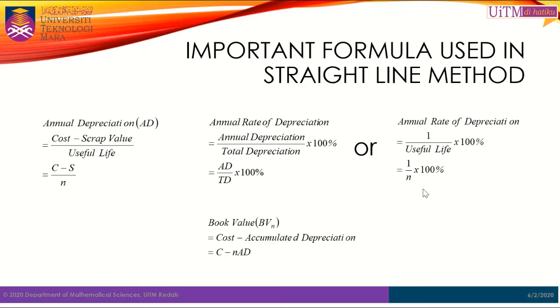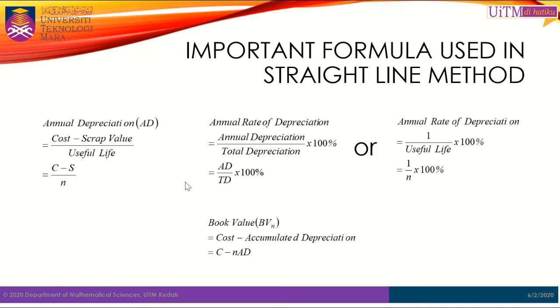So you can get the values over there. That is the total depreciation and also the annual depreciation. Then to get the book value, we use BVN, where N refers to the time in years. If you want to find the book value for the 5th year, it will be BV5.